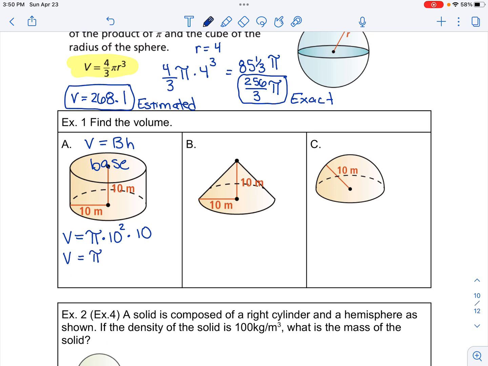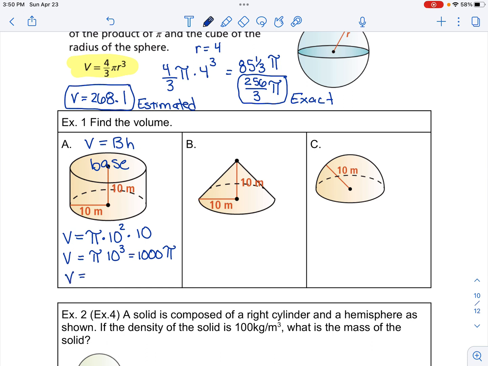If you have 10 squared times 10, that is the same as 10 to the third power, or 1,000 pi. Again, that's just so if you ever see it in terms of pi, you can write that, or you can just type it in as you see it, pi times 10 squared times 10.